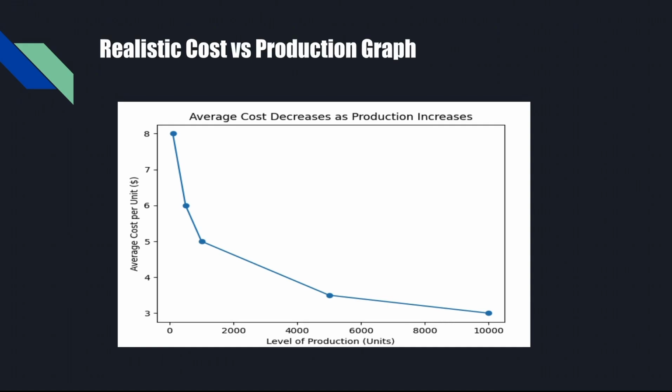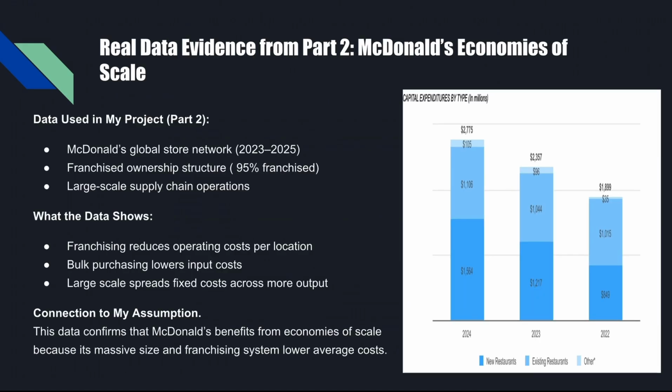This happens because companies can purchase ingredients in bulk, improve operational efficiency, and spread fixed costs across more units. For McDonald's, producing and selling millions of burgers every day allows the company to reduce its cost per item much more efficiently than small restaurants that sell only a few hundred meals per day.